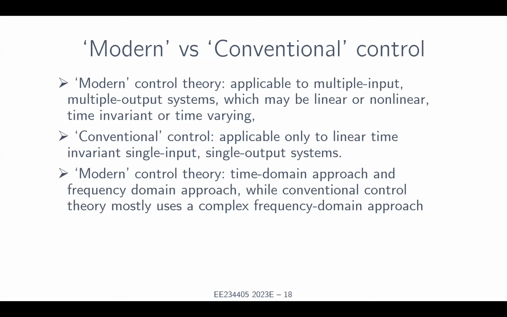And there are several comparisons between the modern one and the conventional one. Conventional here refers to the use of transfer functions, which could only be used for linear time invariant systems, right, with single input and single output.